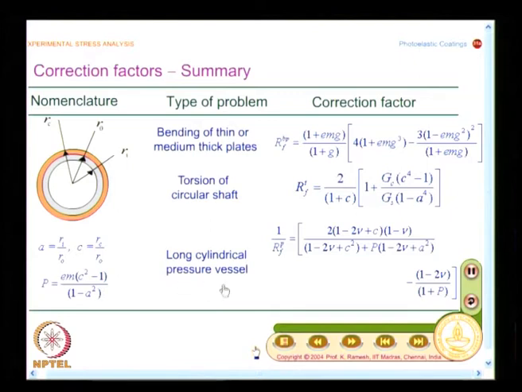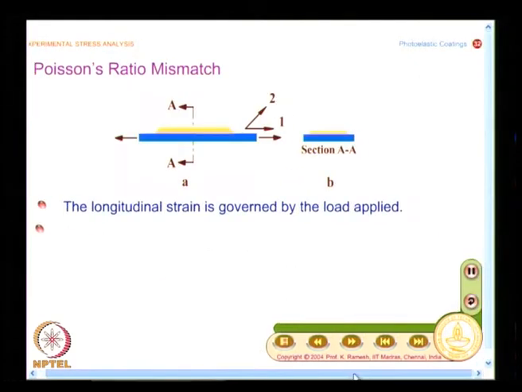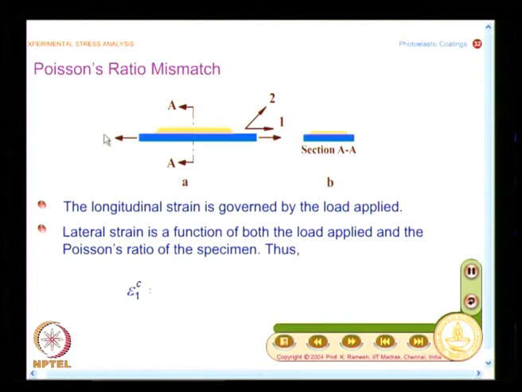So, for high pressure tubing, the use of correction factors is very important. I also mentioned that you need to look at how to handle mismatch of Poisson's ratio. That is what we will take up now, and let us understand how the mismatch of Poisson's ratio affects this.